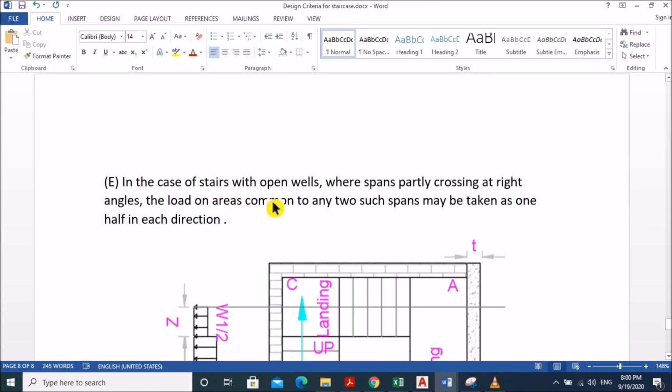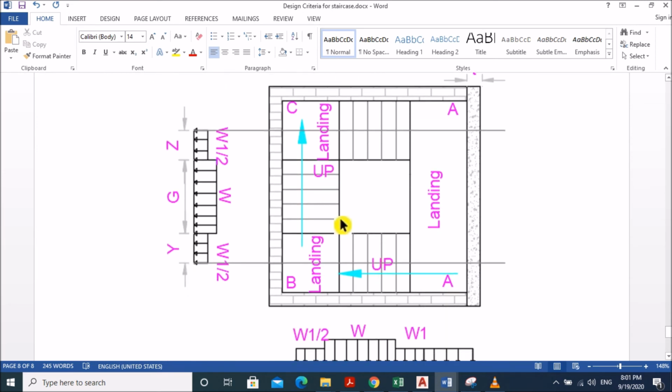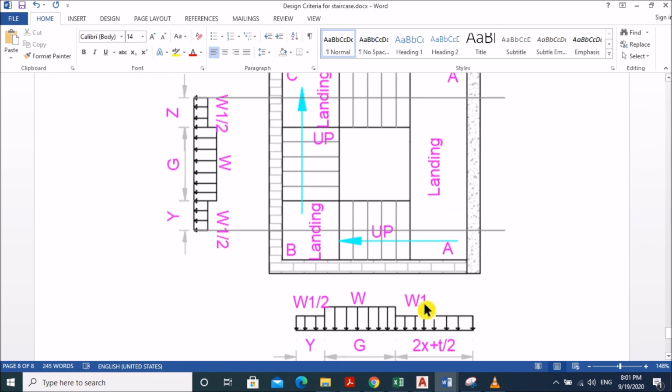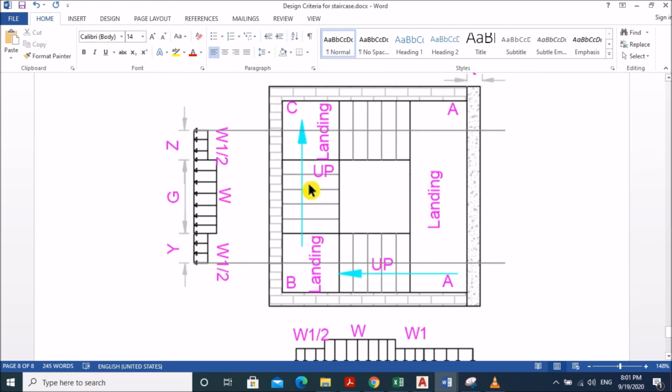In the case of stairs with open wells where spans partly cross at right angles, the load on areas common to any two such spans may be taken as 1/2 in each direction. For an open well type of structure, first, how to calculate the effective span. Since this is supported on brick elements, landing C is spanning along CA and landing B is spanning along BA.